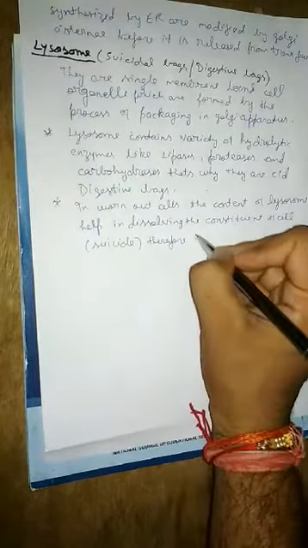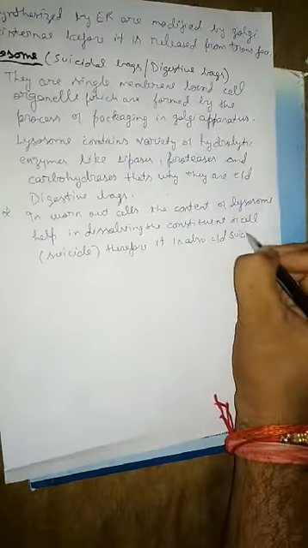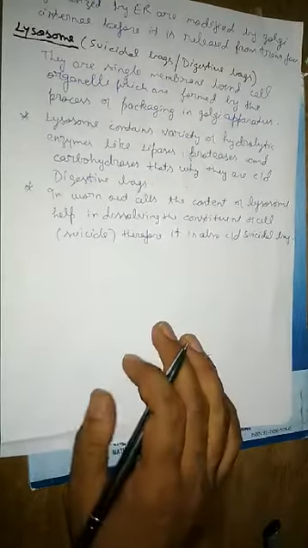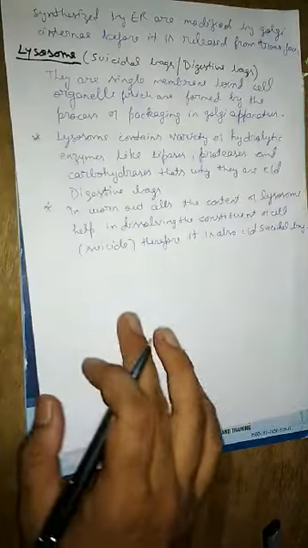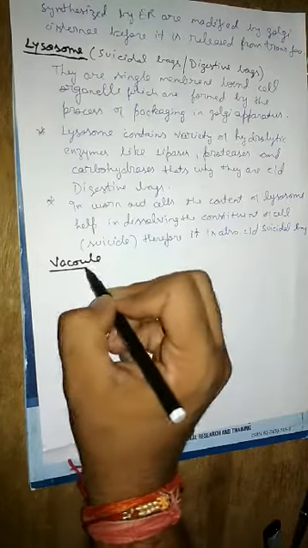Therefore, it is also called suicidal bag. This much you should know about the lysosome. And then the last component of the endomembrane system is vacuole.